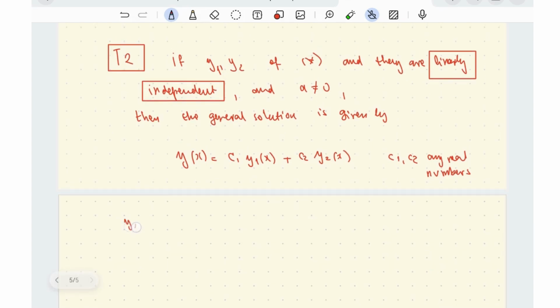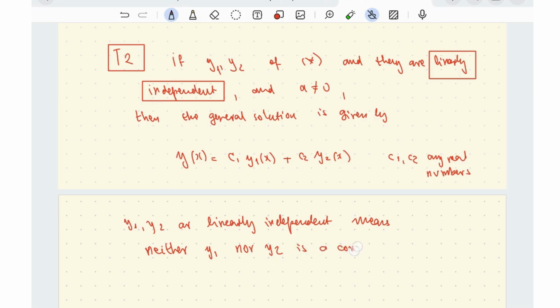So y1, y2 are linearly independent means neither y1 nor y2 is a constant multiple of the other.